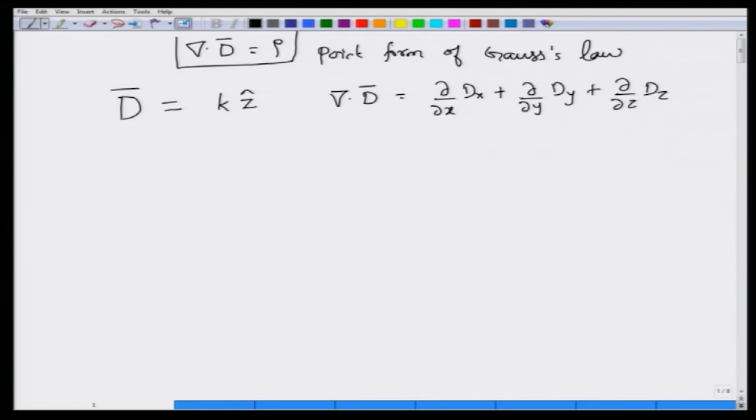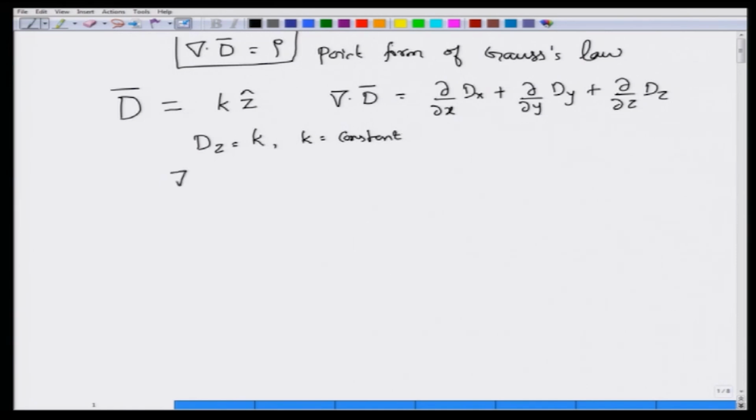In this case, you do not have a Dx component or a Dy component; the only non-zero component is Dz. And what is the value of Dz? Dz is equal to k, where k is a constant.